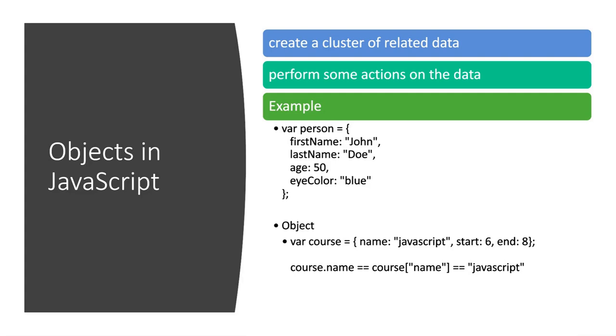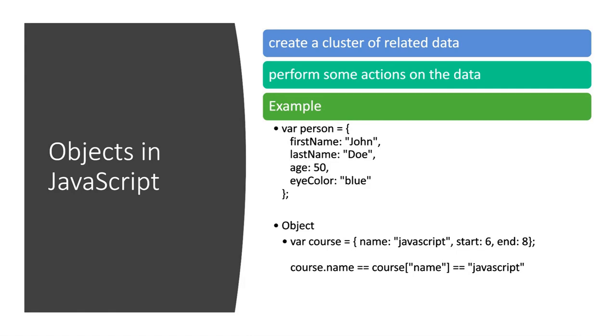Another example we can take is var course equals to, within the curly brackets, the name key, we have JavaScript. With the start key, we have 6. And with the end key, we have 8. Now we can access the data in an object in two ways. First is course.name.